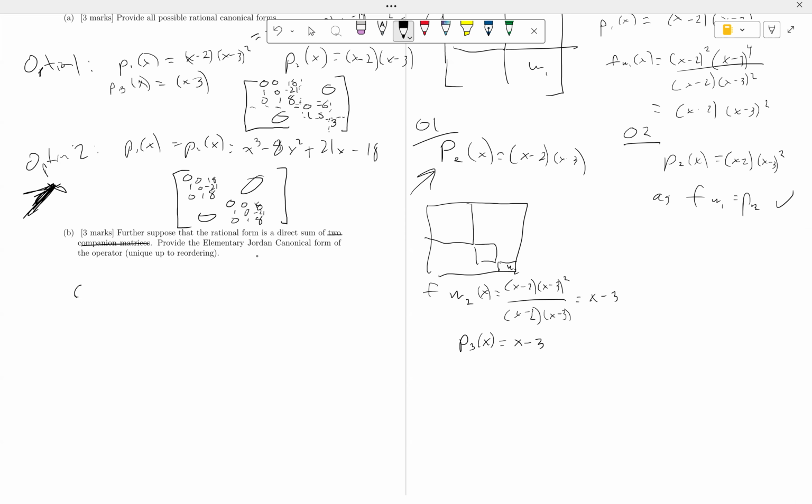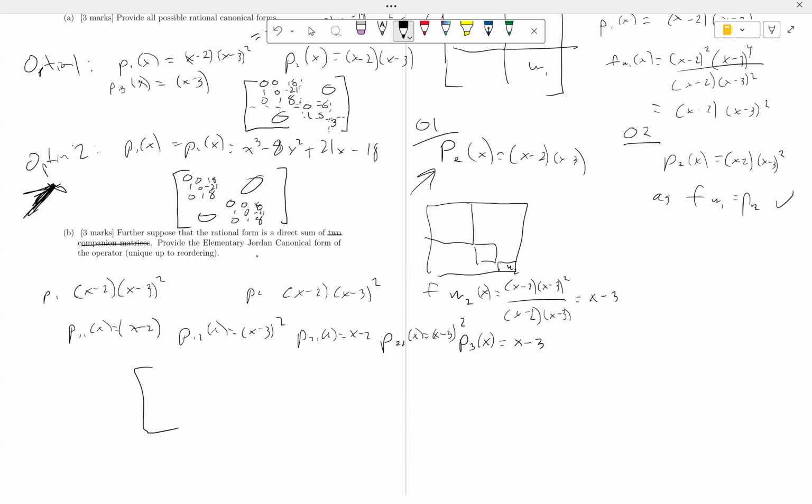I've got P1, (x minus 2)(x minus 3) squared, and P2, (x minus 2)(x minus 3) squared. This breaks up into P11 of x equals x minus 2, P12 of x equals (x minus 3) squared, P21 of x equals x minus 2, and P22 of x equals (x minus 3) squared.